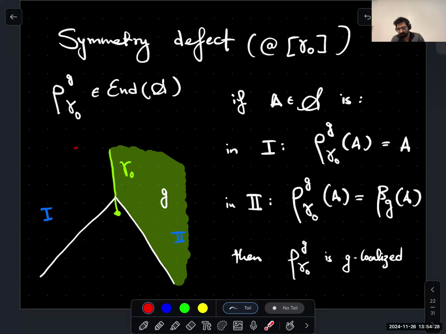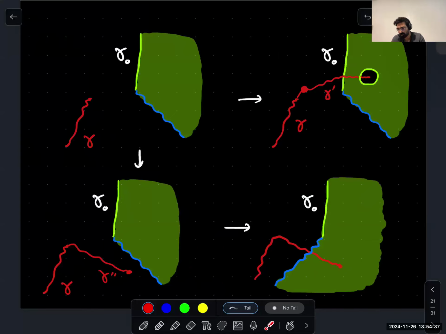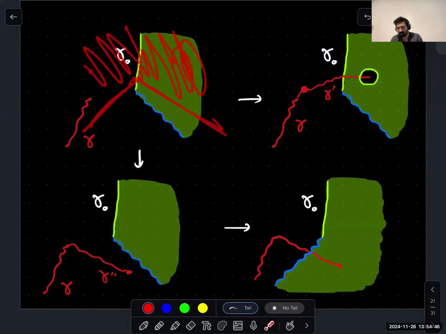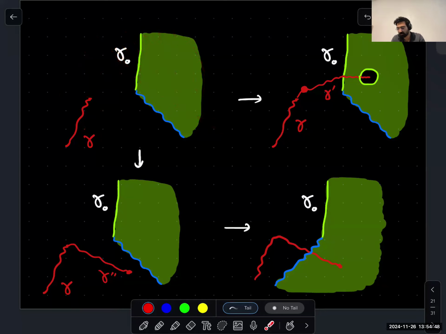You have two regions, okay? You have region 1 where there is no symmetry action, and you have region 2 where there is a symmetry action, as long as you're looking outside the cone lambda. So notice over here, for a cone like this, you have this region which is symmetry action, and then you have this region which is no symmetry action, something like that.